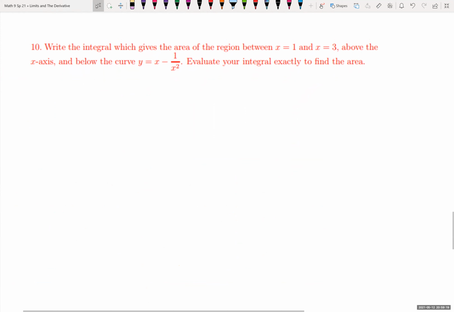So again, this one, I'm just going to set up because it's pretty general and almost the same. But the region bounded is 1 and 3. So we're looking at the definite integral from 1 to 3. Our curve is x minus 1 over x squared.